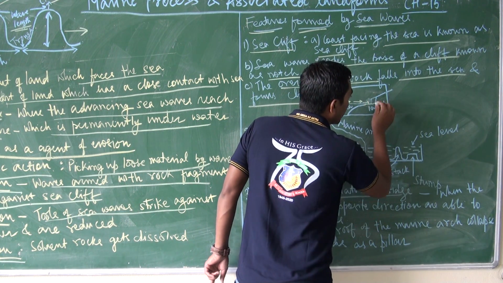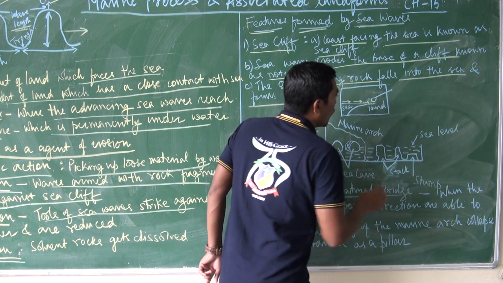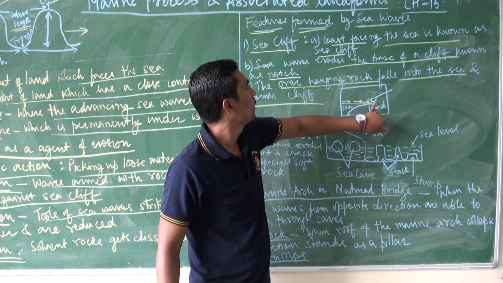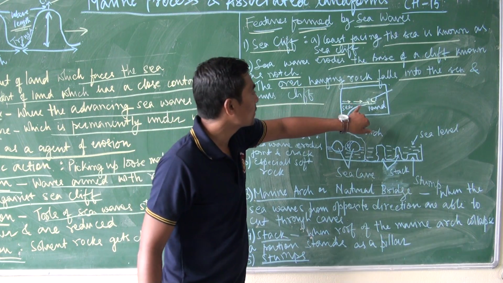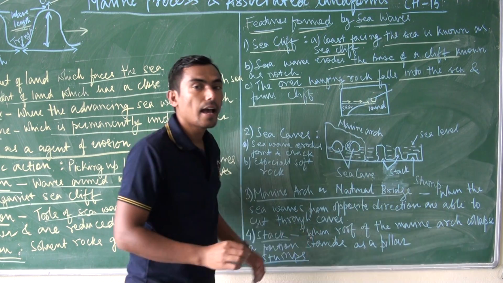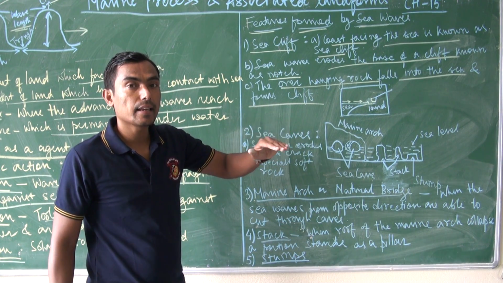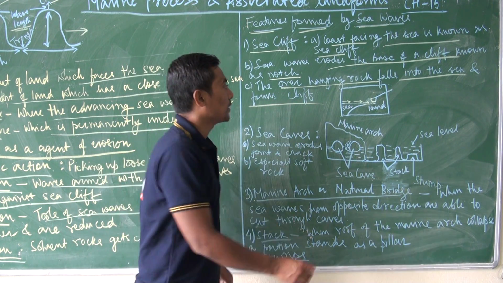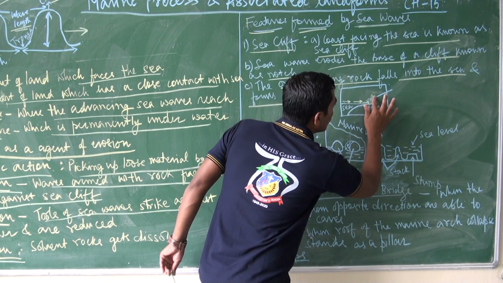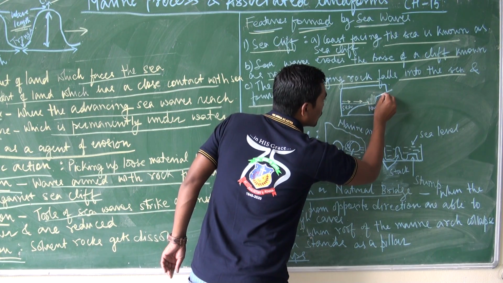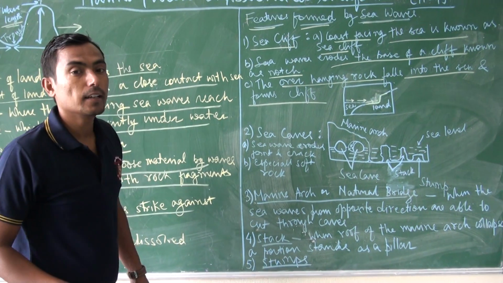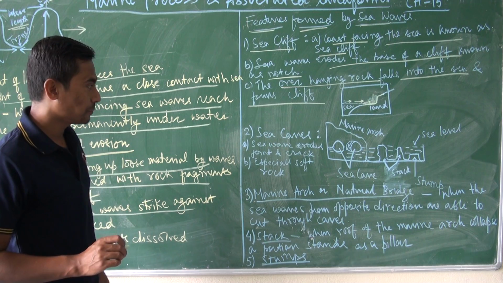As it moves inland, the lower portion or the base of the cliff gets completely eroded, resulting in the formation of a notch. As there is no base for this portion of land which is hanging above the surface, because of gravity, this portion falls down, resulting in the formation of a sea cliff, and the water enters inland.